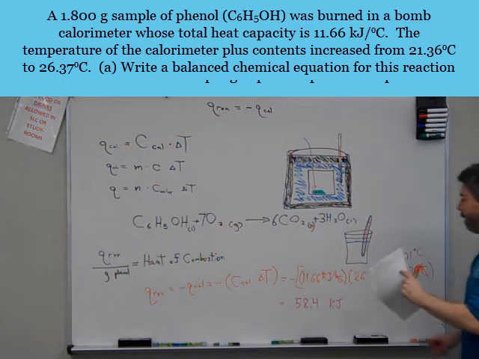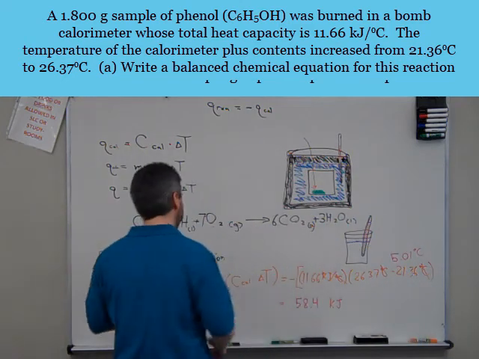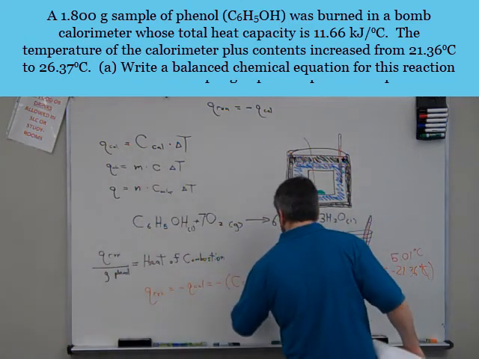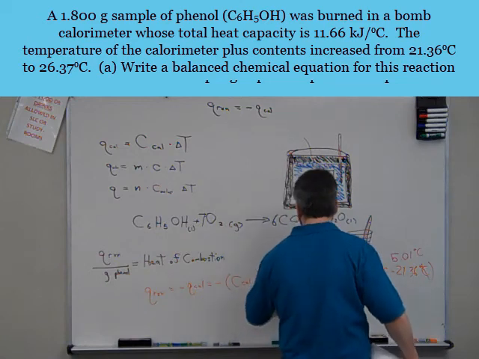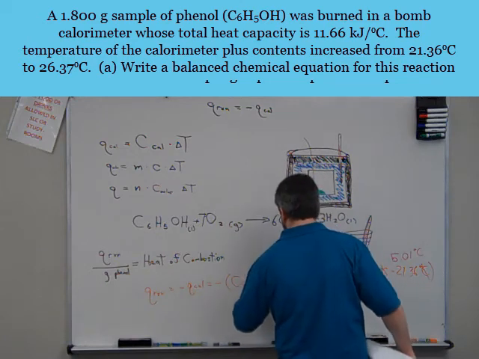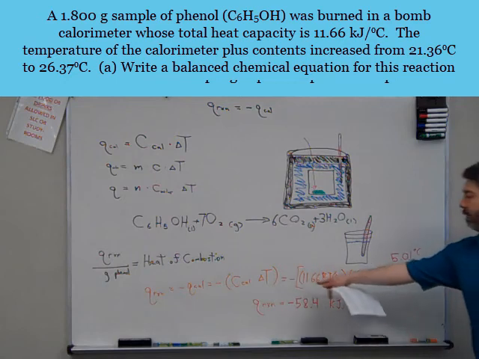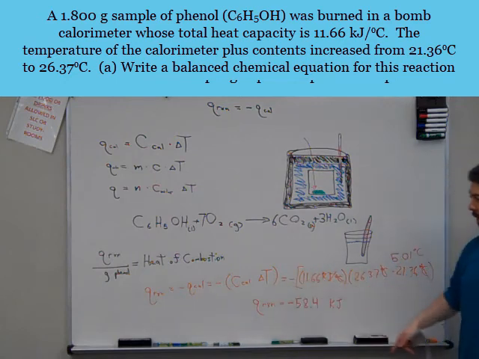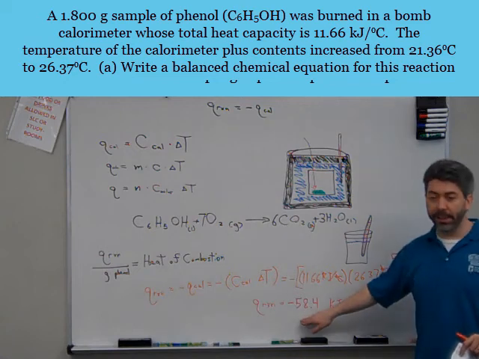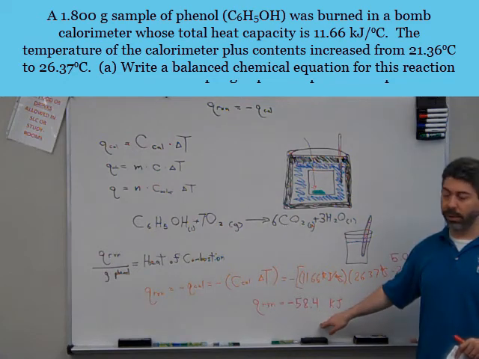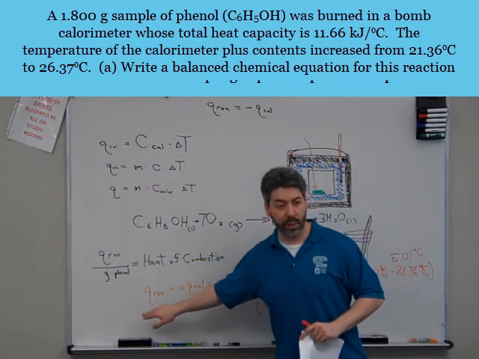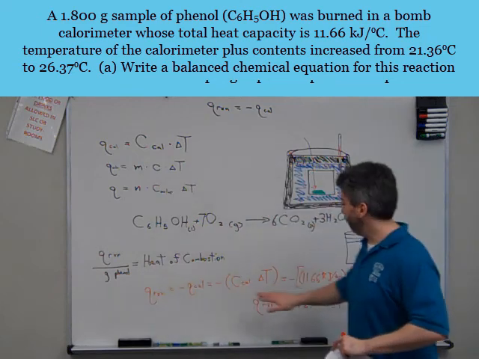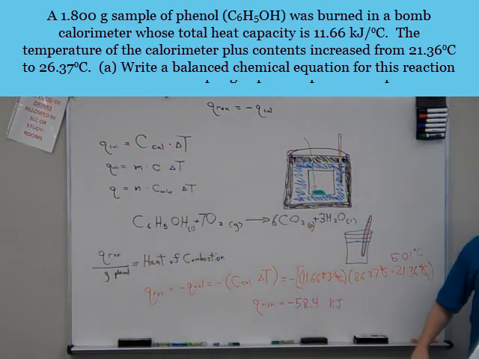Now, I can take my 58.4 kilojoules, which is my Q of reaction. Actually, I forgot to add a negative sign in front. Q of reaction is negative, because the Q of the calorimeter would be positive 58.4. But because we're looking for Q of reaction, that becomes negative 58.4.